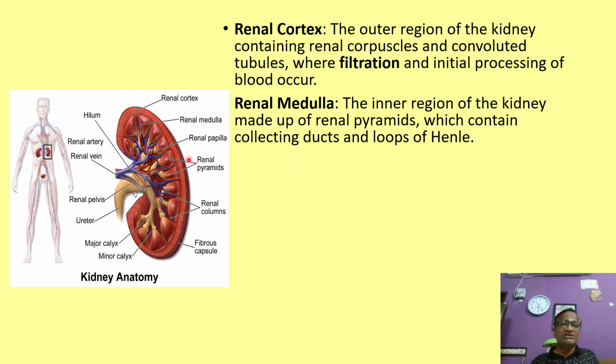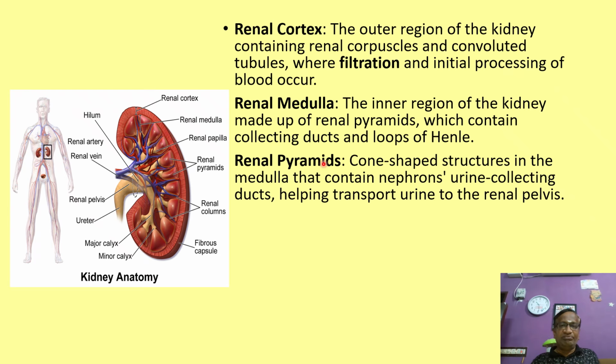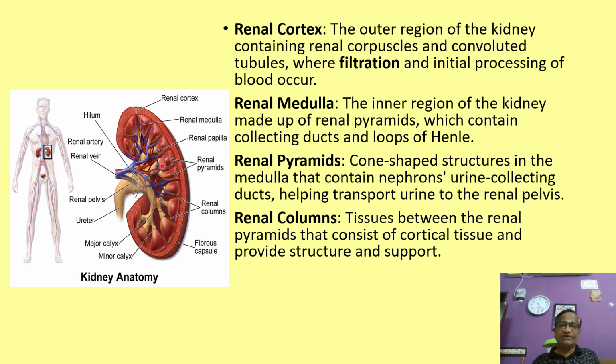You can see these pyramids, which contain the collecting ducts and the loop of Henle. Renal pyramids are the cone-shaped structures that contain collecting ducts. Now here the cortex, the medulla, pyramids, and the renal columns in between. They consist of tissues to provide structure and support.